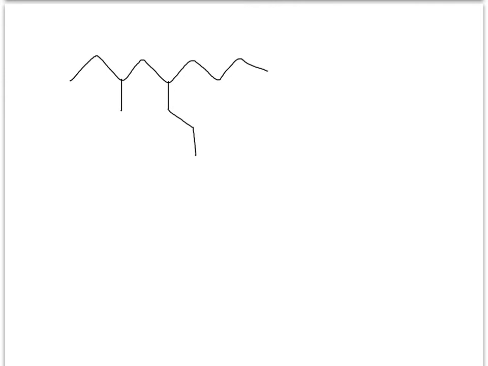Okay, so now we have to count, and we're just going to look for the longest chain first. 1, 2, 3, 4, 5, 6, 7, 8, 9. 1, 2, 3, 4, 5, 6, 7, 8. So it looks like the main chain is going to be this one right here.